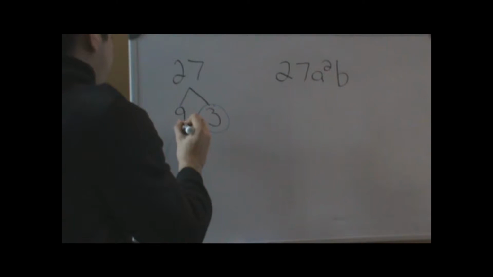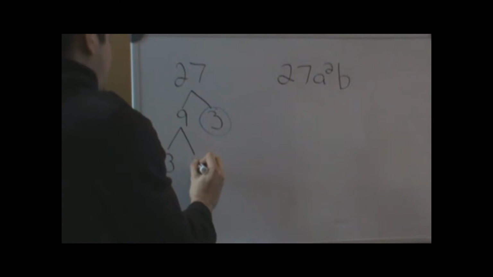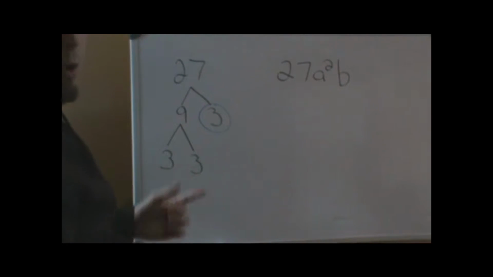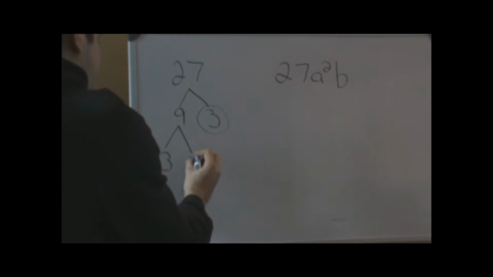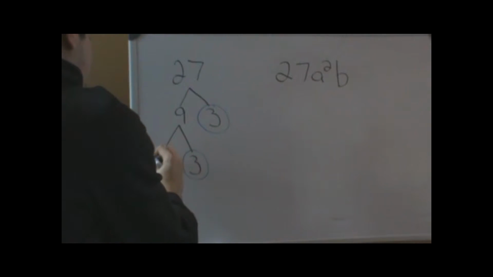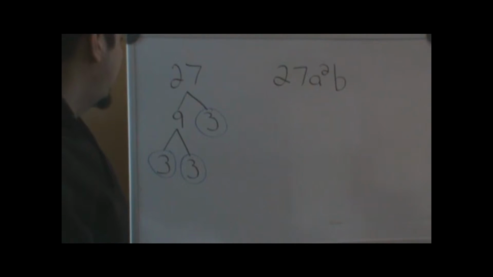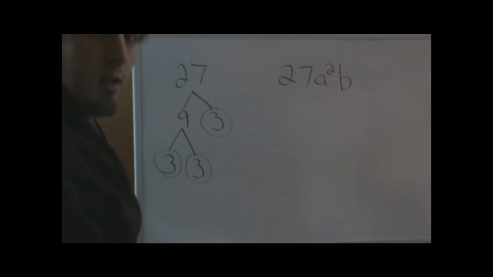I can then further break down 9 into 3 times 3. All of my branches have ended. I have prime numbers at the end of every one. And so I now have my prime factorization of 27, which is 3 times 3 times 3.